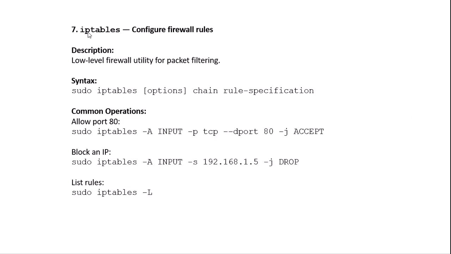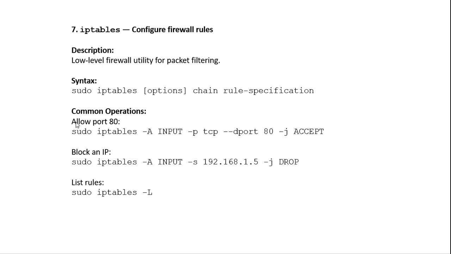Seventh command is iptables, which configures firewall rules. The description is a low-level firewall utility for packet filtering, and the syntax is sudo iptables, options, chain, and rule specifications.